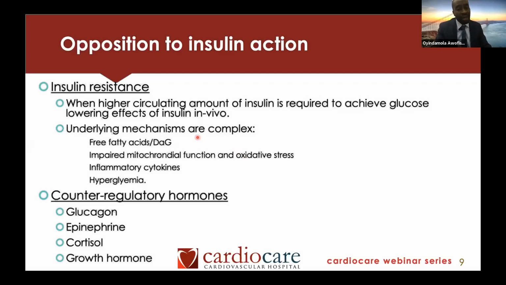Of course, there are a lot of components underlying insulin resistance, which I will not go into because of time. But we need to understand it a bit, especially regarding treatment of hyperglycemia and when we need to use insulin for a person.